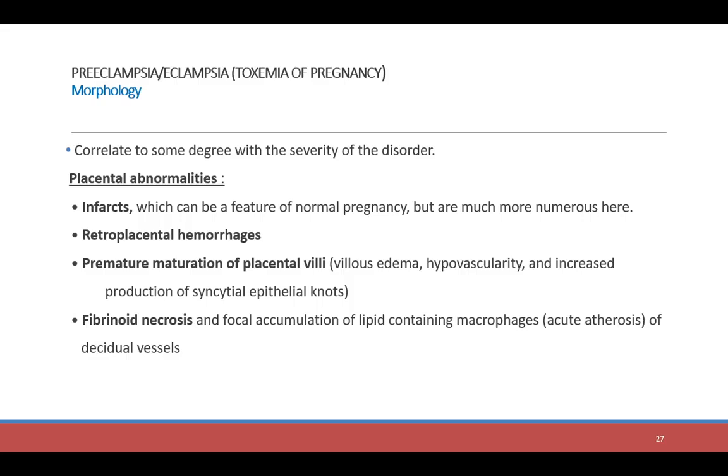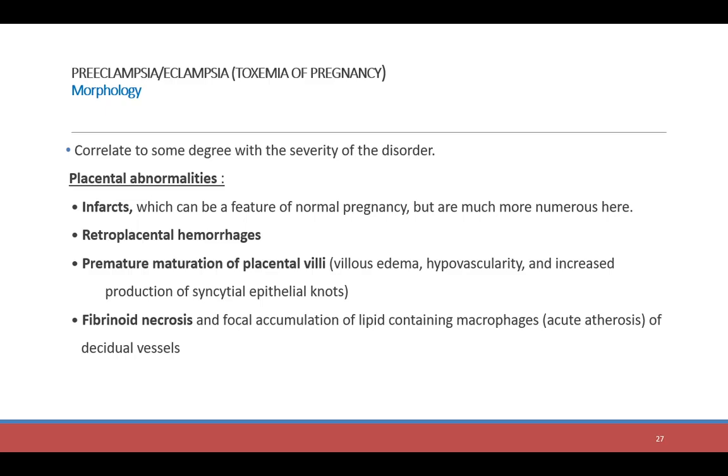What we see in the morphology, in the histopathology, if we examine the placental villi in preeclampsia: most of the time we see infarcted areas, we see hemorrhage, we see maturation of the placental villi. The villi look edematous. The vascularity is not that brisk, so hypovascularity, edema, and increased production of syncytial knots, which are clusters of trophoblast.